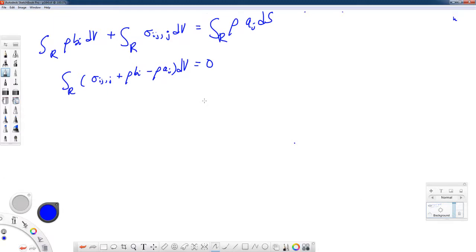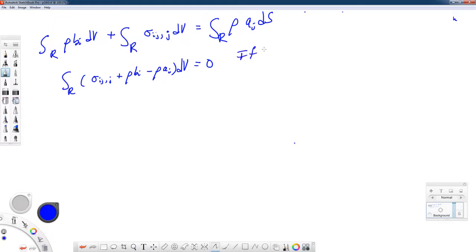And if we have an integral of something equal to 0, and the region that we're integrating over is arbitrary, then the integrand must be equal to 0.